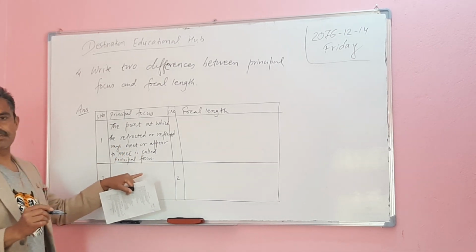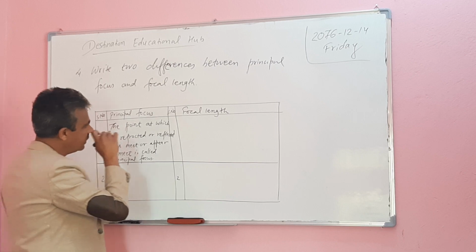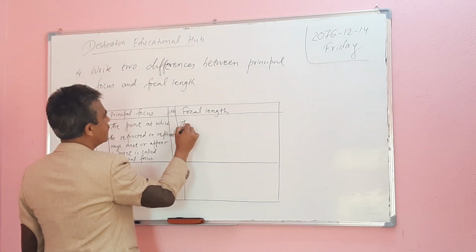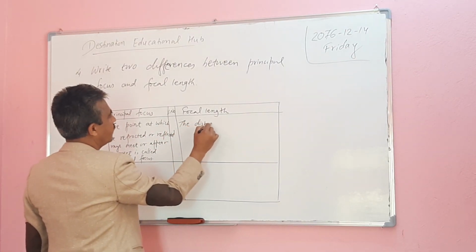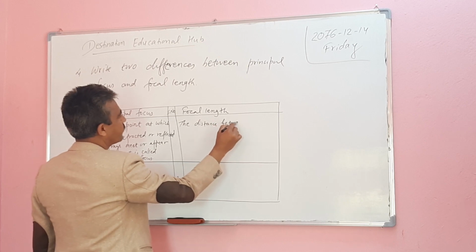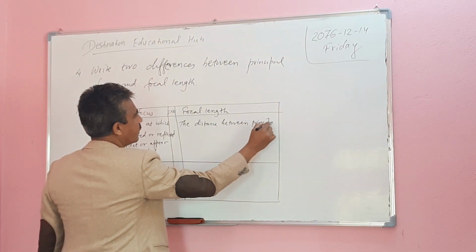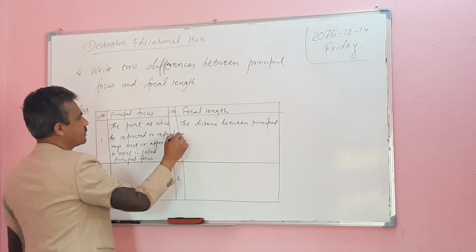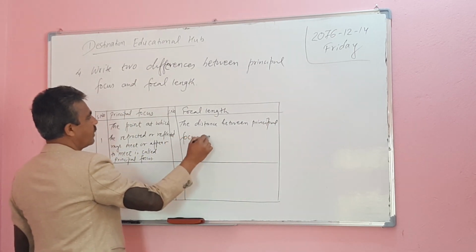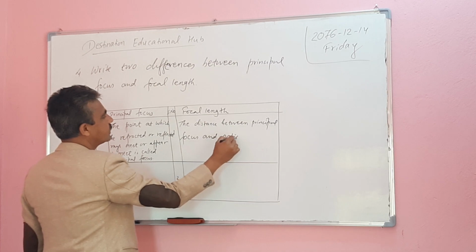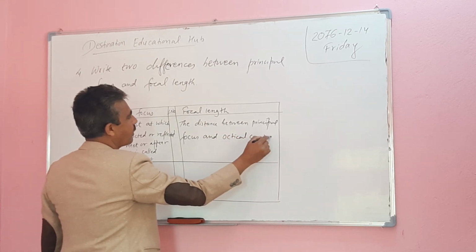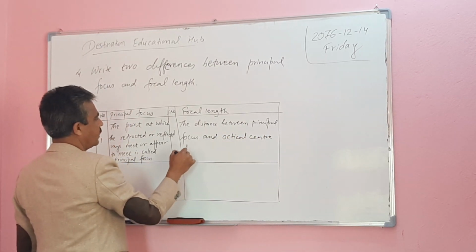What is focal length? The distance between the principal focus and the optical center of a lens or a mirror.